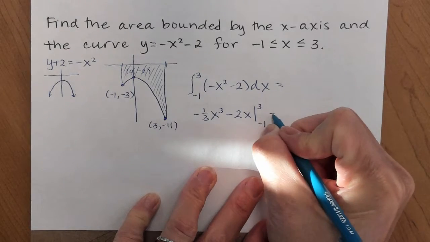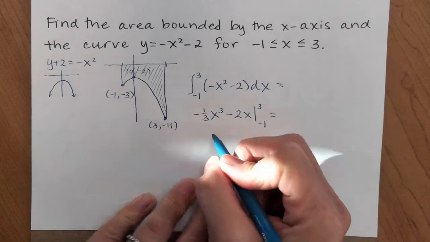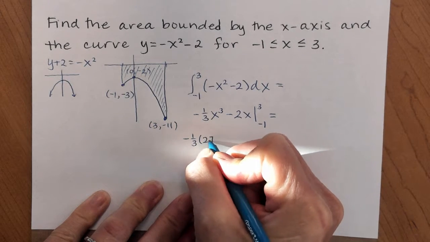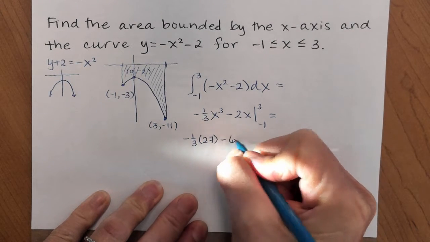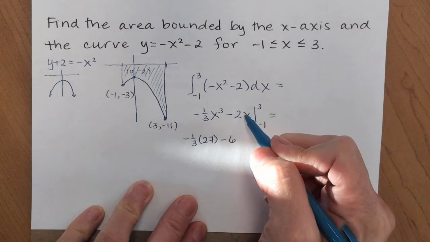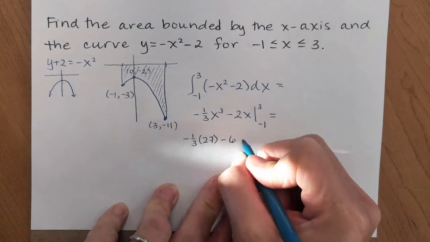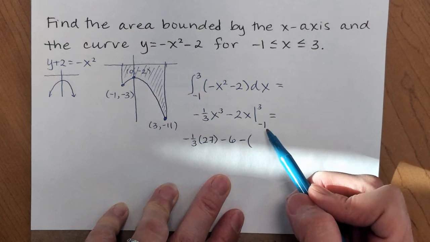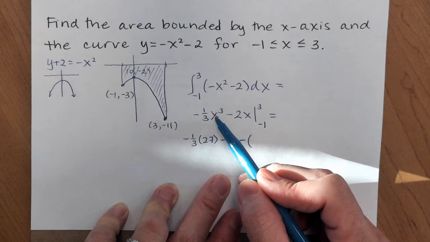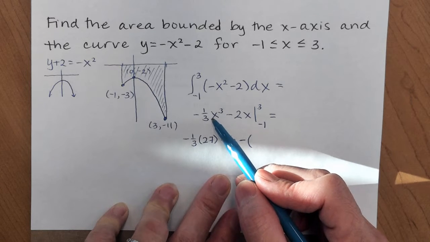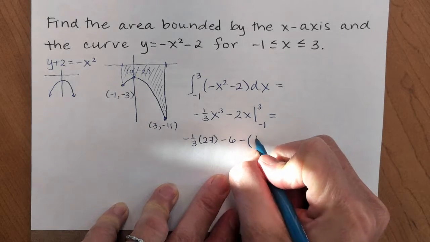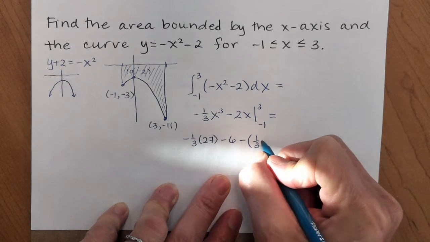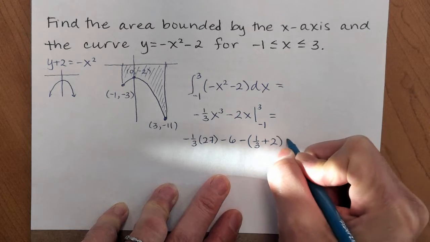And I'm going to get -1/3 times 27 minus 6, that's what I get when I plug in the upper limit, the 3, minus, okay, let's see what I get when I plug in the lower limit. -1 cubed is -1, times -1/3 is going to give me +1/3, and when I plug a -1 in here, I'm going to get +2.